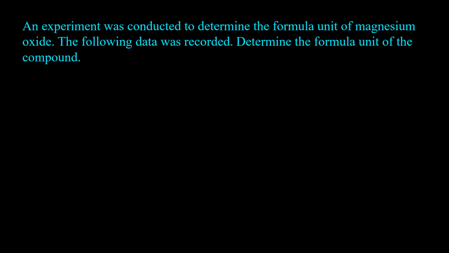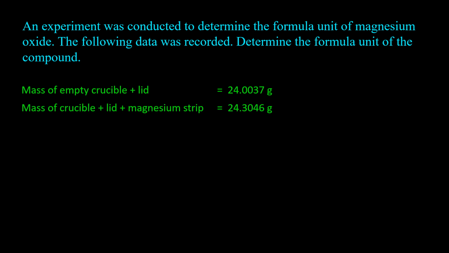When you run your experiment, make sure you're able to record the following data. First, you must record the mass of the empty crucible and lid. Second, you must record the mass of the empty crucible, lid and magnesium strip.